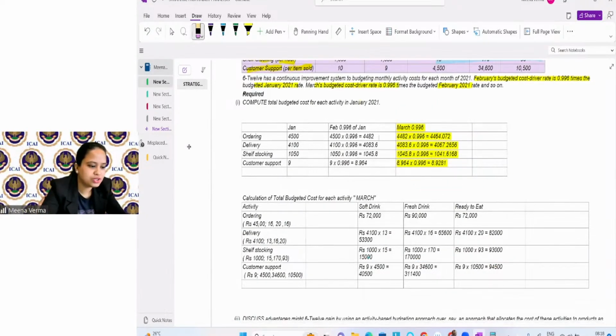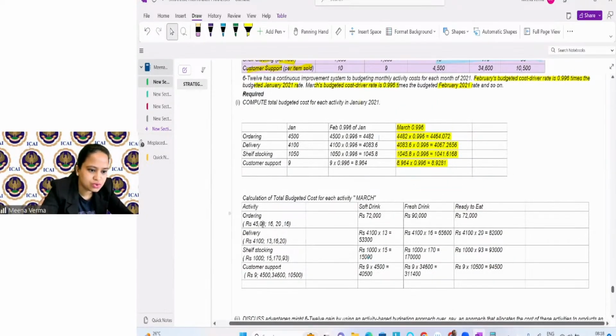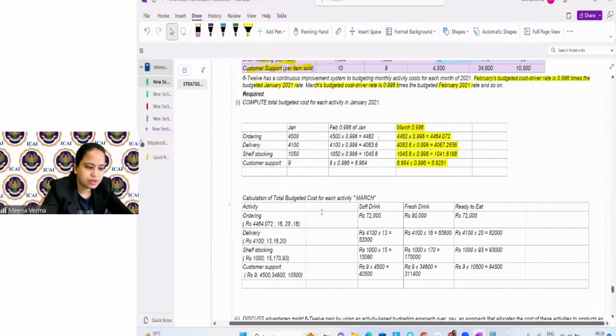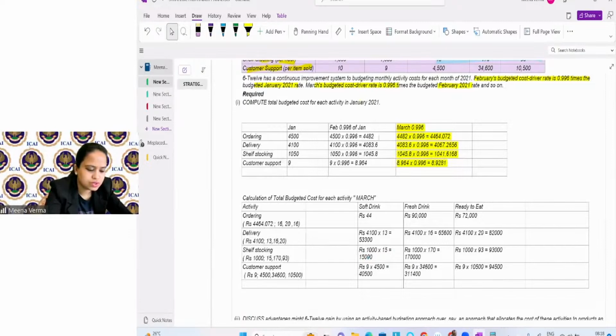For the month of March, the order cost has changed to 4464.072. It has changed to this, right? Use it and solve it. 4464.072 into 16 is equals to this one.